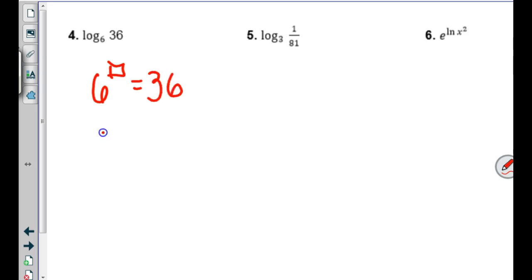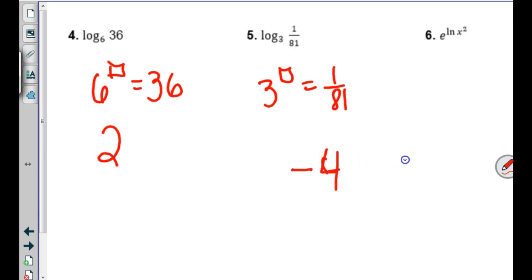The answer is 2. This is asking 3 to what power is 1 over 81? Well, the fact that it's in the denominator means it's going to be negative. Okay, 3 times 3 is 9, times another 3, times another 3, so that was -4.